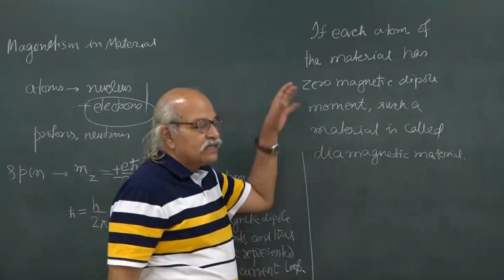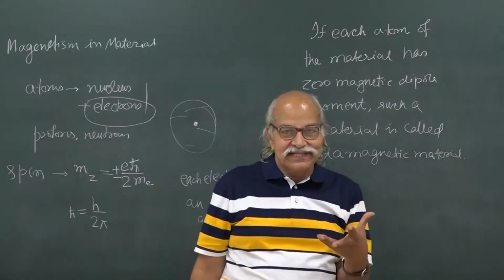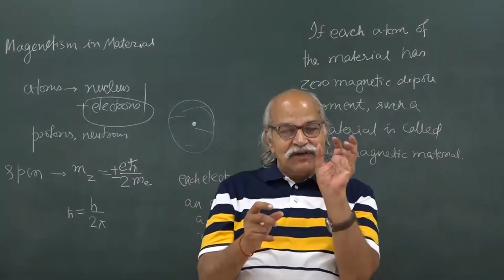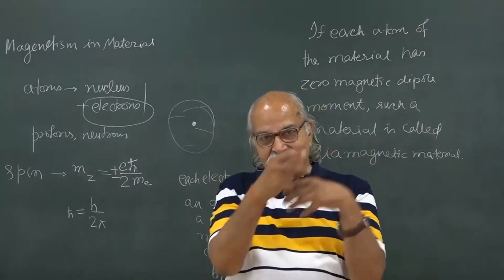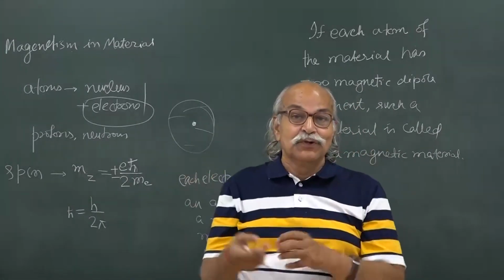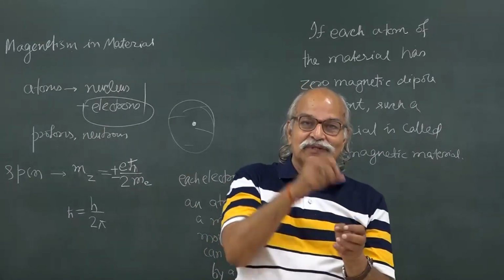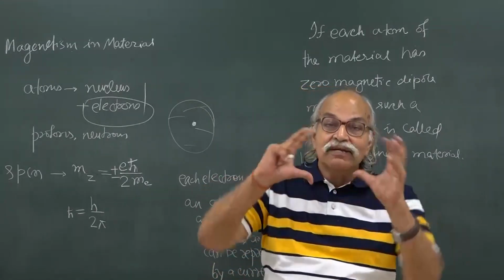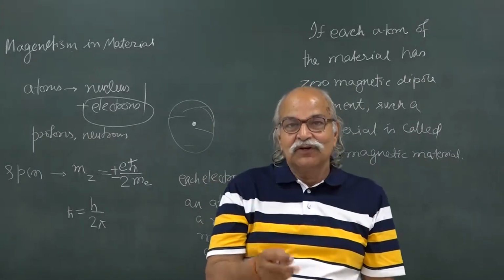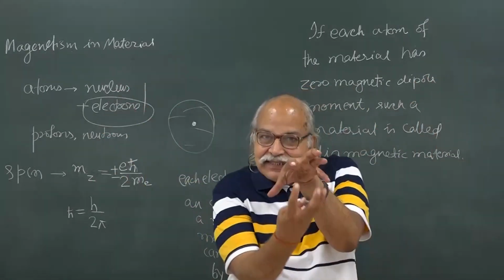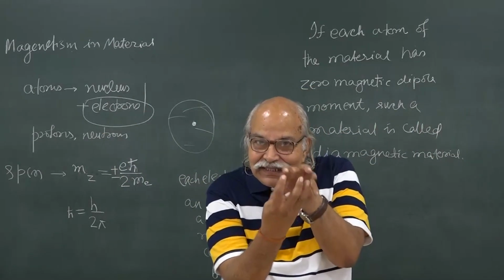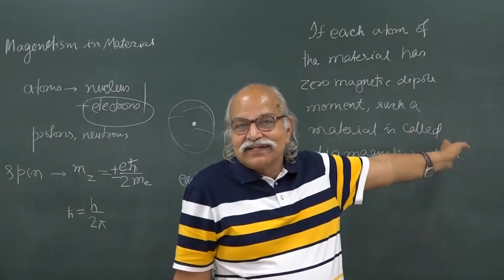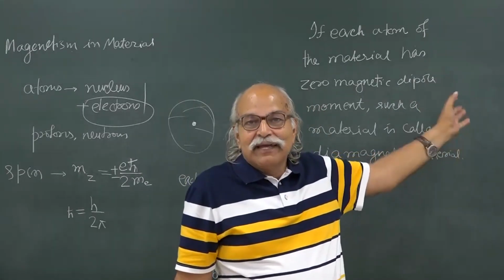And when I am saying each atom, it is in a slightly broader sense. You may have molecules, so a molecule can also be one unit. You have an atom here, you have an atom here, there are some electrons which are shared. You do not know whether this electron belongs to this atom or that atom, but as a whole it is possible that the molecule, which is the unit, or if it is an ionic solid, then each ion there, each unit as such is neutral, it does not have a magnetic dipole moment.